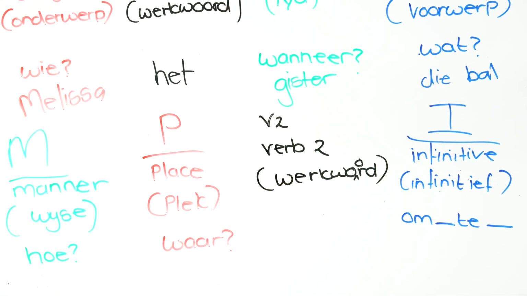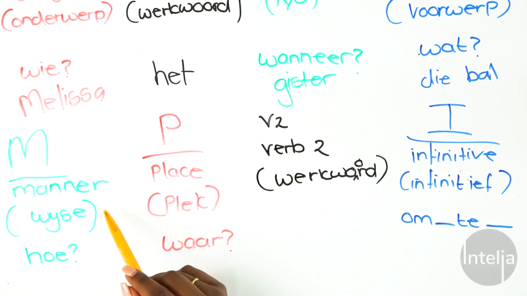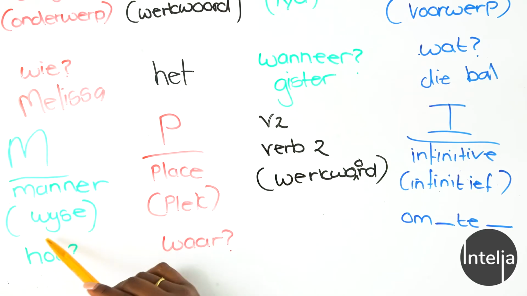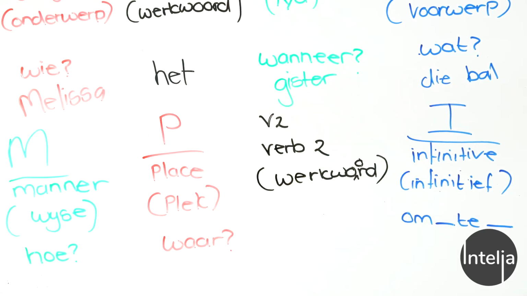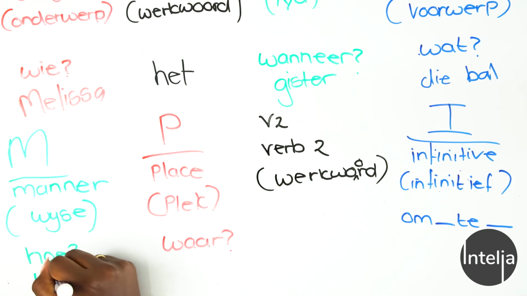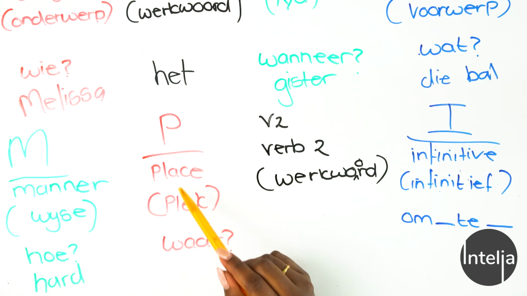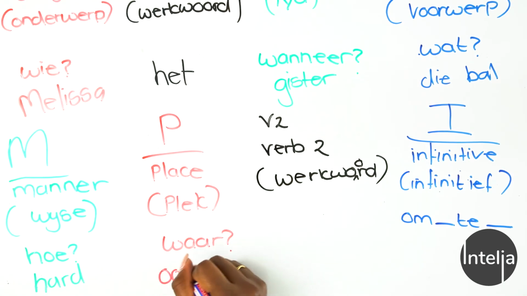Then manier, which is manner, which is wyse. So how was the verb or action done? Melissa het gister die bal hard. P for place, plek, waar, which will be oor die muur.